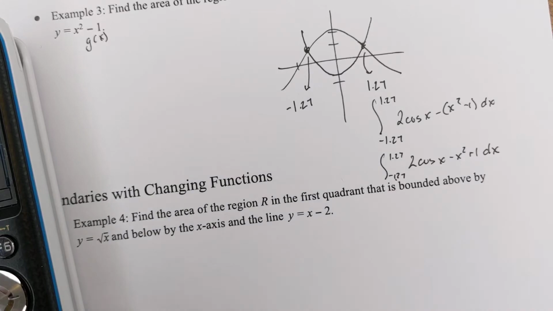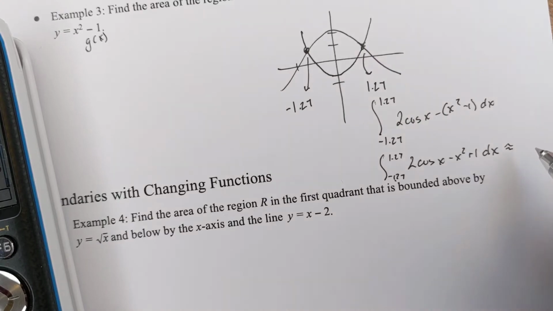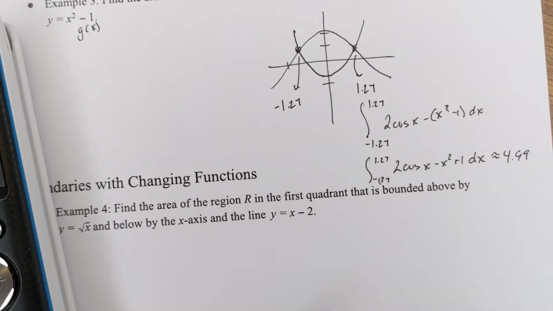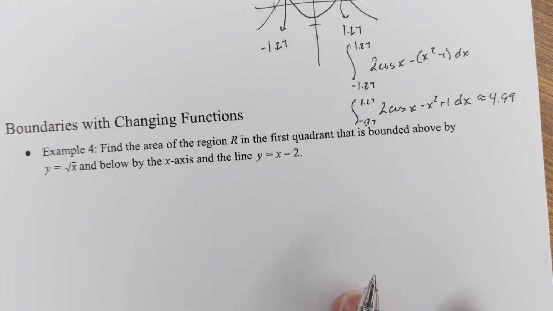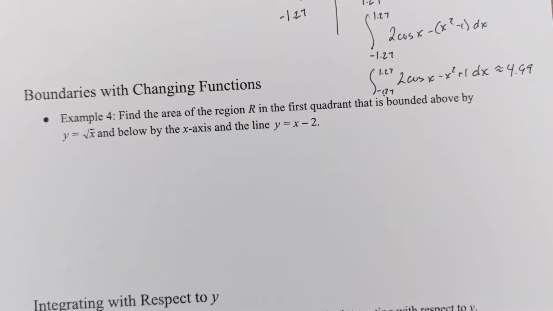So 2 cosine x minus x squared plus 1 from negative 1.27 to positive 1.27. So this area comes out to be about 4.99. All right, there's the case where your functions can change boundaries, so which one is above and which one is below.